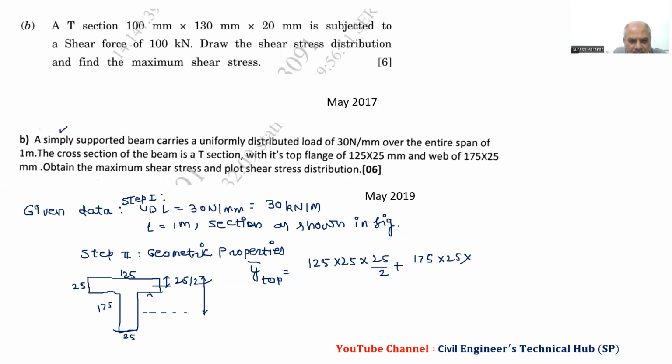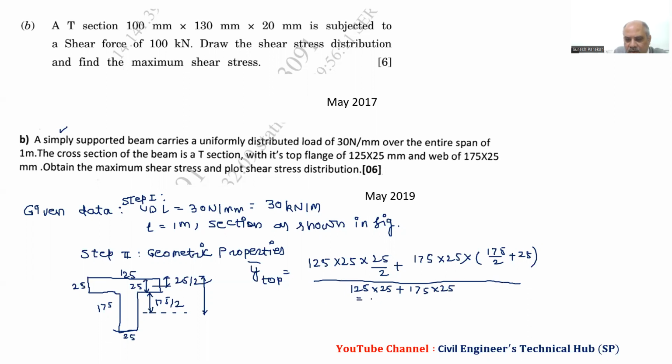So we have 175 by 2, and we have to add this 25, divided by 125 into 25 plus 175 into 25.